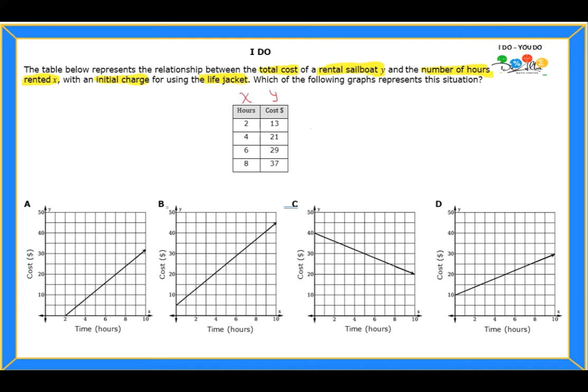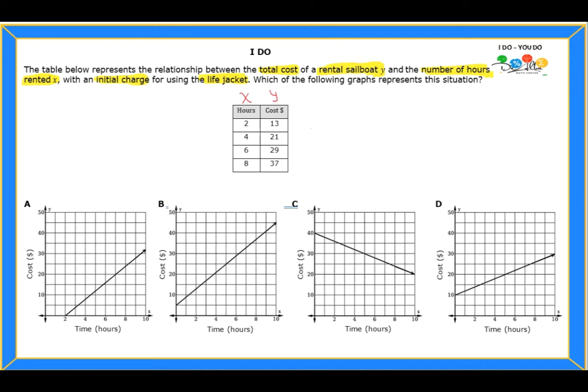We have graphs, okay? So I'm not gonna make the problem that complicated. I'm hoping that you guys can think about, well, the hours and the cost is actually an ordered pair, where 2 is the X and 13 is the Y. So what about if we just try to find those points on the given graphs and see which graph has all the points that are given to me on the table, right?